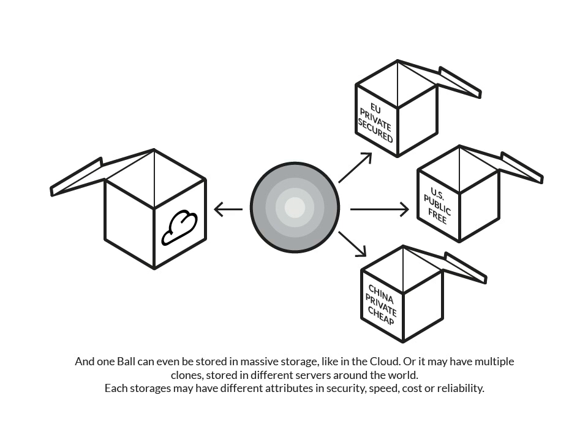Each storage and the connectivity to the actual running software, which also needs some place to run, might have different attributes for security, speed, cost, reliability, or legal issues. These are the real-world, physical constraints that apply.